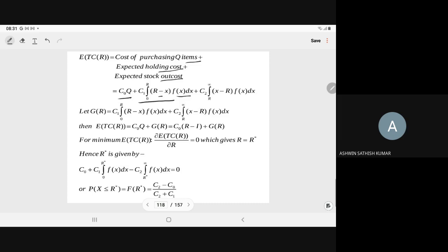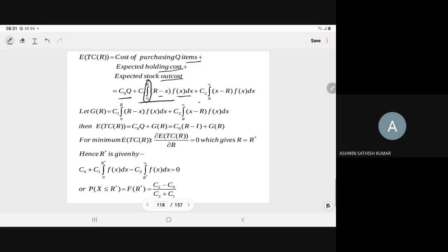That is the expected holding items times C1, the unit holding cost. That gives you the expected holding cost. And you have to hold only when demand is lesser than R.